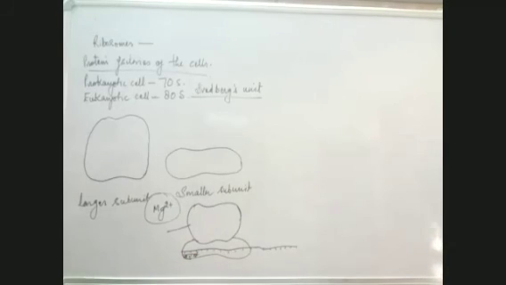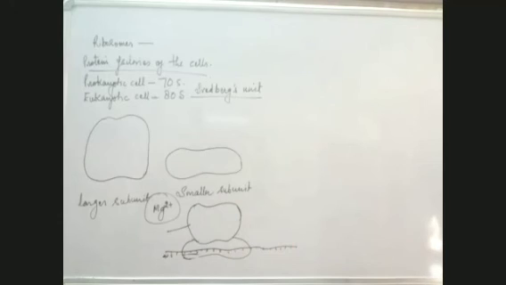AUG is always the initiating codon. So it starts with AUG. Once it is read, it will shift more. AUG will come here and the next one will shift here. This way it keeps on shifting, and on the basis of whatever triplet codon is present here, the transfer RNAs are brought.